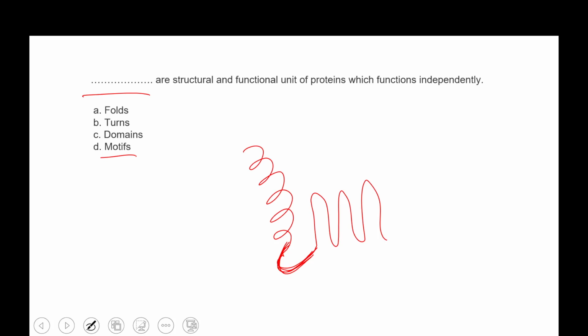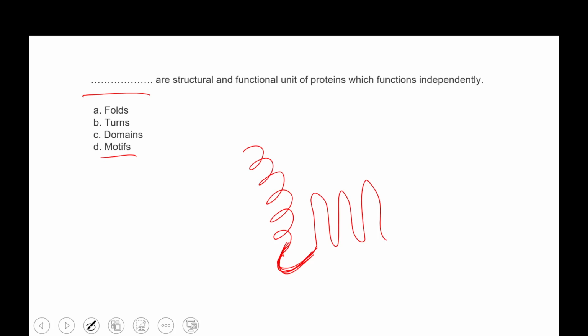For example, I have motifs like the hairpin motif or the triple helix motif, or you have the helix-turn-helix motif. So there are different kinds of motifs.